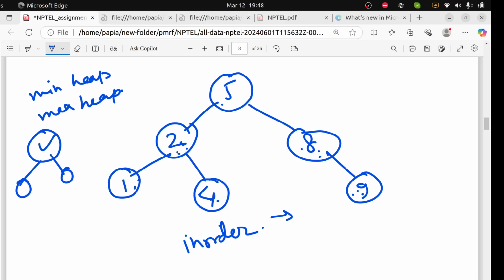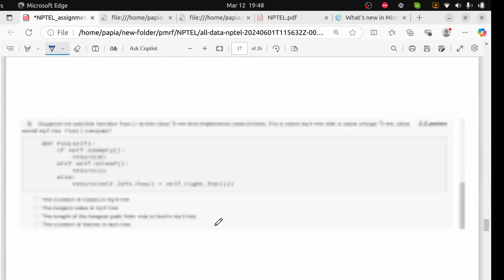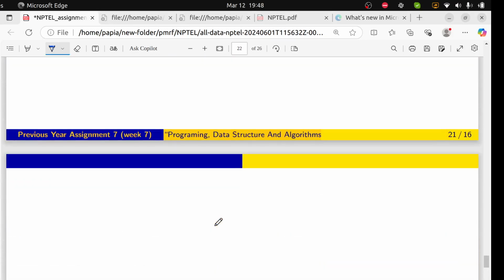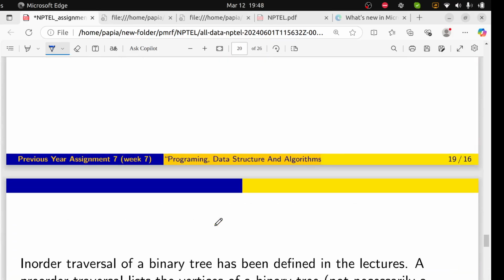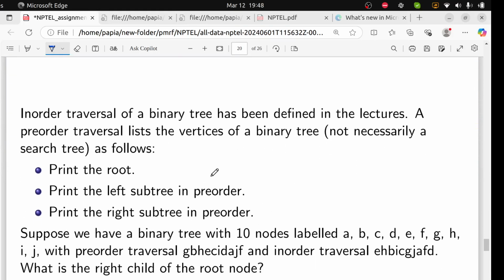Then how do I decide which number should be the first one, the root node? That was the last quiz, I think. Did you do that quiz? In that quiz you can see that question.